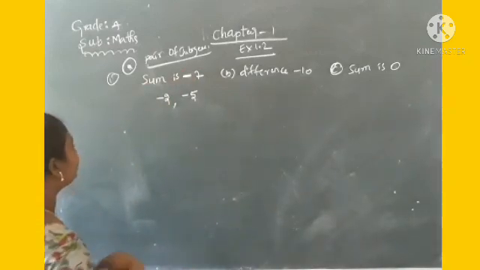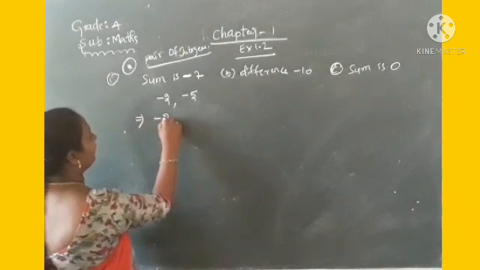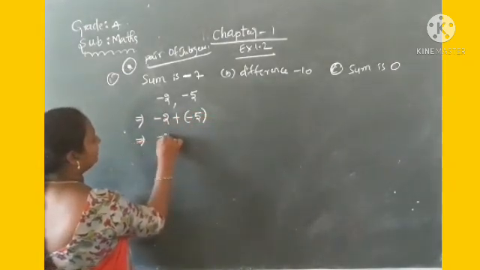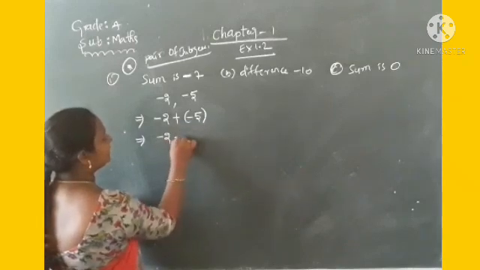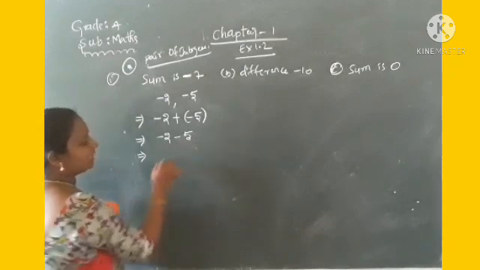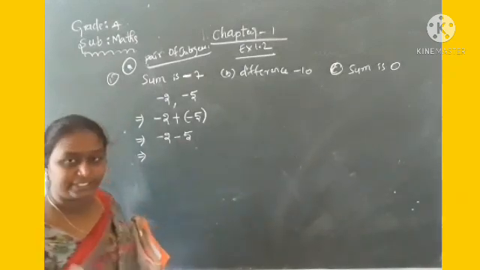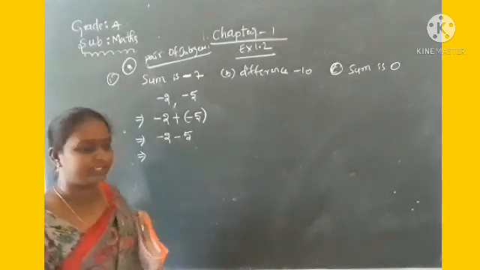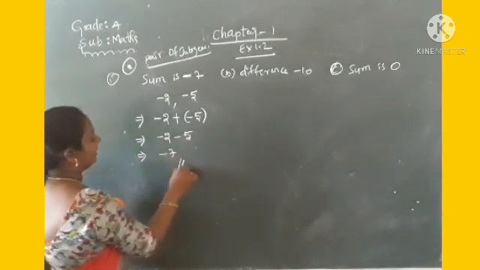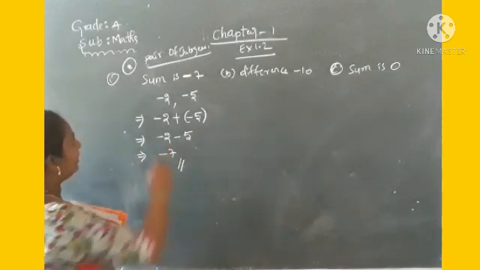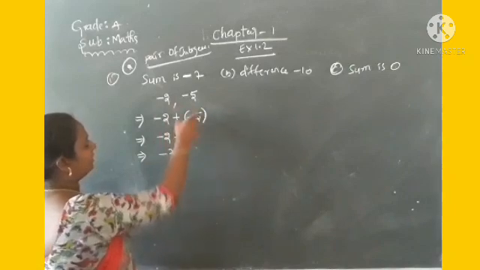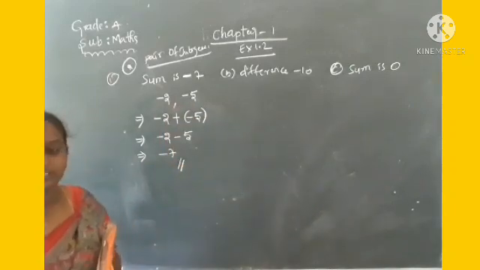So here you have to add minus 2 plus minus 5, that is equal to minus 2 minus 5. Minus 2 and minus 5 are both negative integers. With negative integers, you have to add them first. So minus 2 minus 5 is equal to minus 7. Now what is the pair of integers? Minus 2 and minus 5. Then only we will get the sum as minus 7.